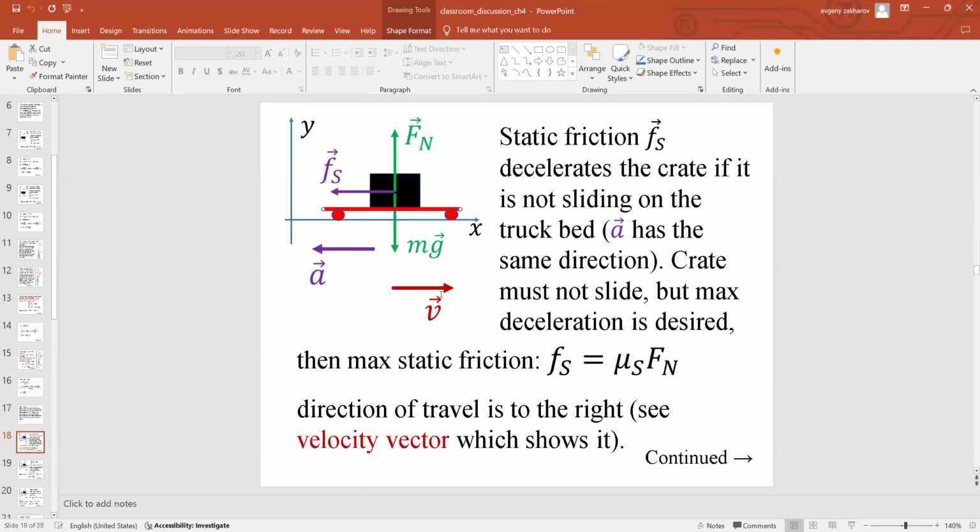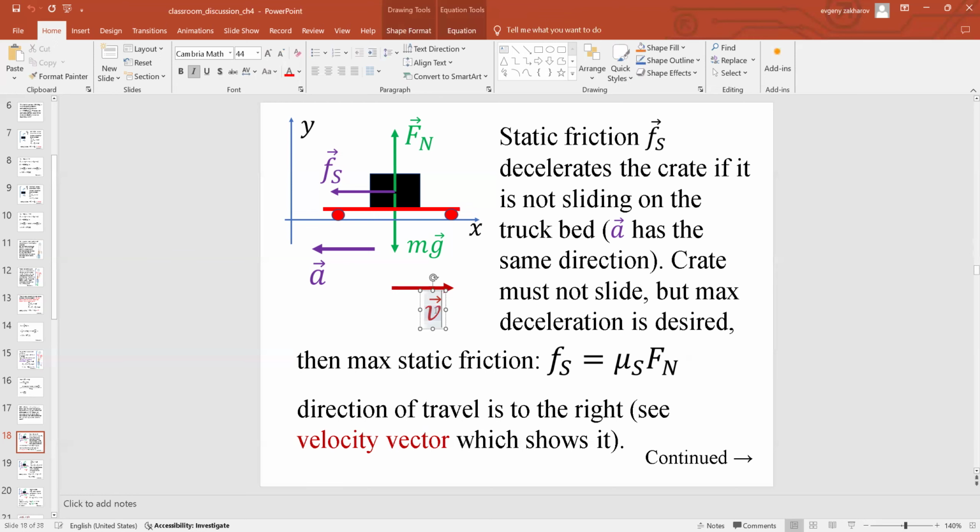Now, we have to show direction of motion. The best way to show direction of motion is to specify the velocity vector, because the direction of velocity shows direction of motion. Remember, velocity is displacement with respect to time. If displacement is positive, then velocity is positive. If displacement is negative, velocity is negative, so you're going the other way. So the velocity vector shows direction of motion.